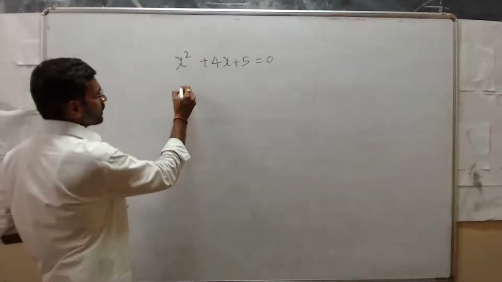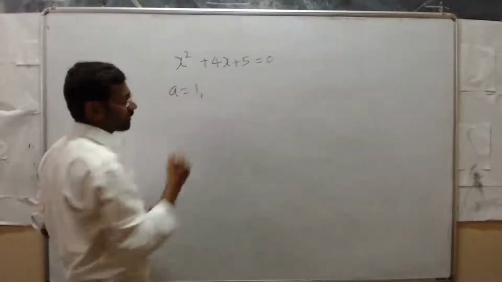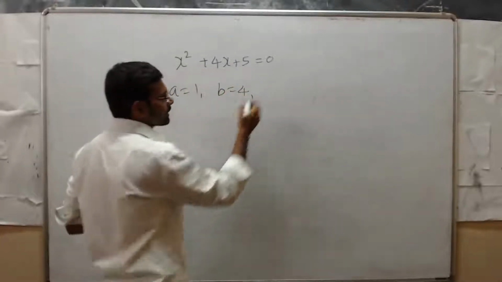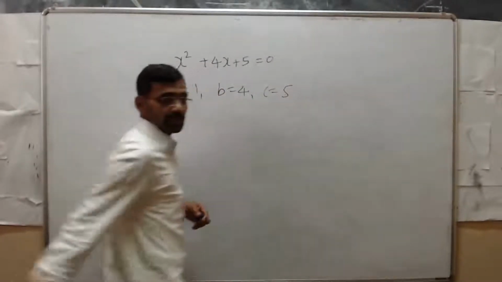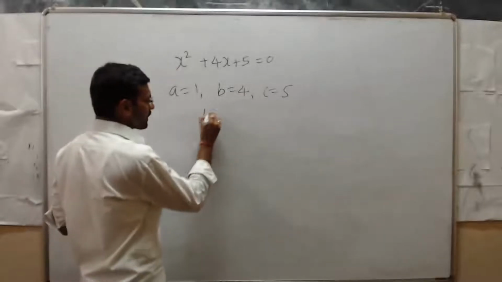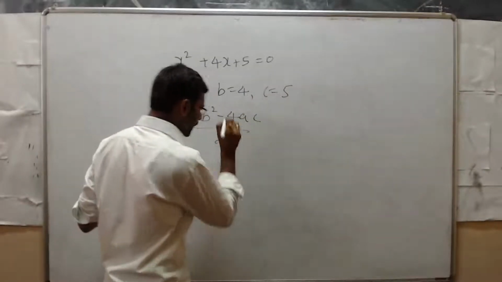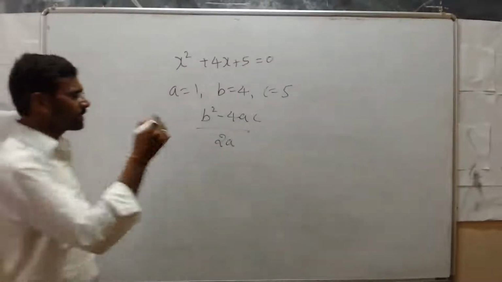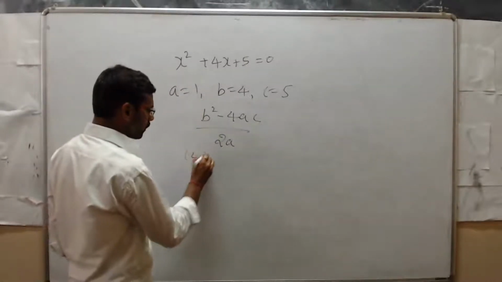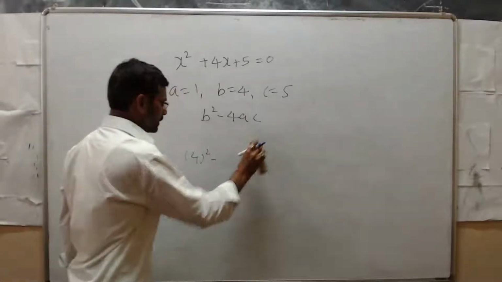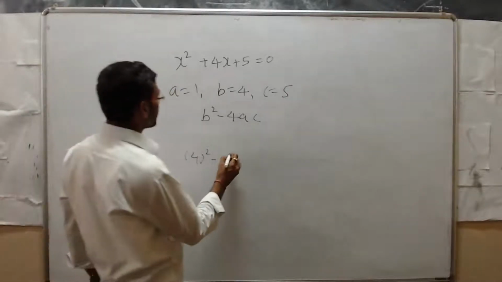Next, a is nothing but the coefficient of x square, b is the coefficient of x, and c is the constant term. Therefore the formula is b square minus 4ac, divided by 2a. Sorry, only b square minus 4ac. Here b square means 4 square, minus 4 into a.